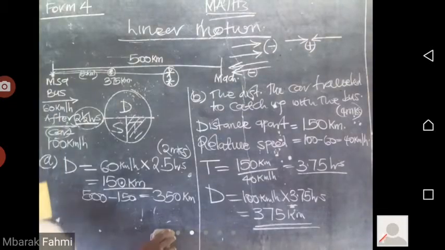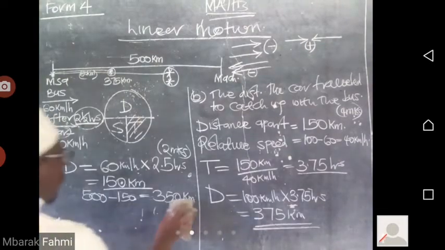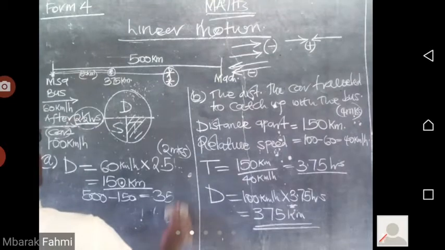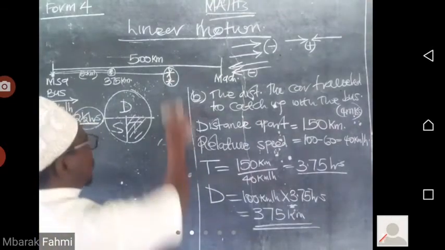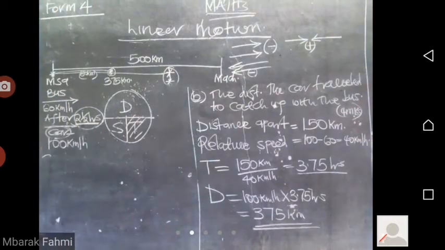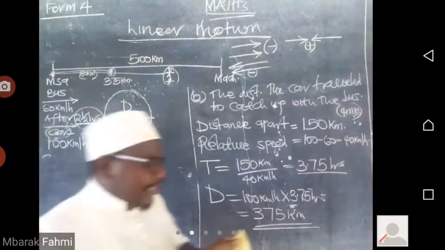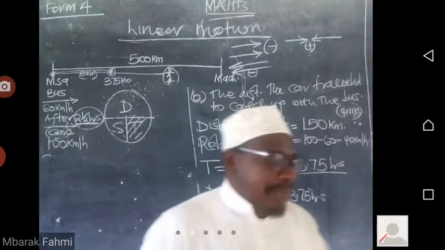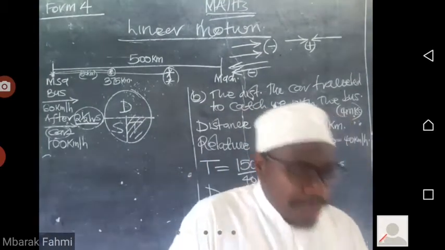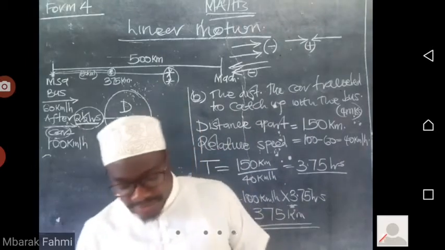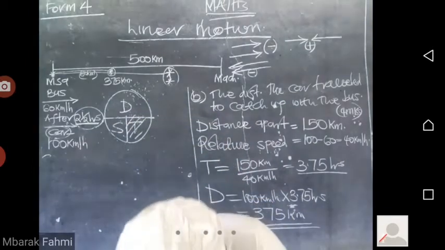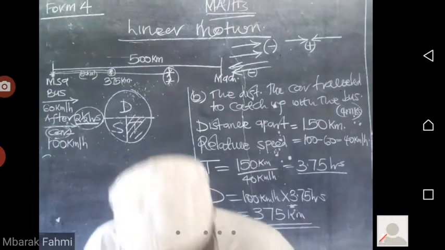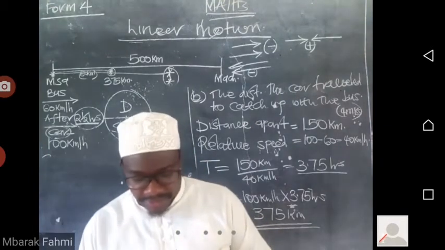Now part B, you're told this is also another 4 marks. Okay? Now we're told immediately the car catches up with the bus, the car stopped for 25 minutes.